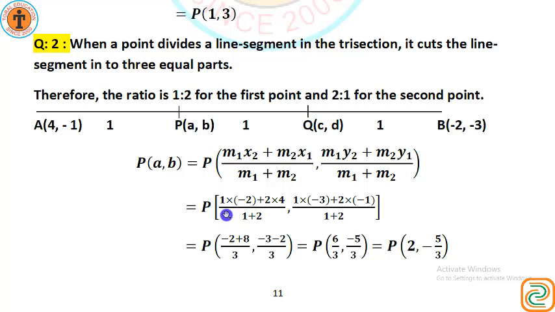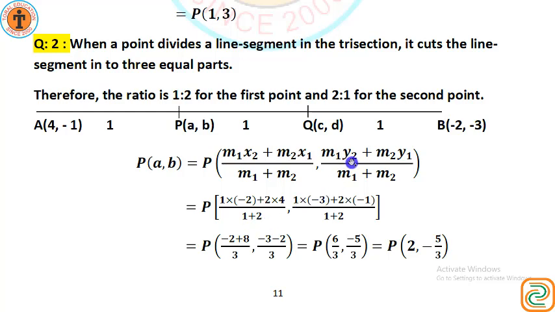Therefore for P, m1 is 1, into -2, where -2 is x2, and 2 into 4, that is m2 x1, upon m1 plus m2, that is 1 plus 2.